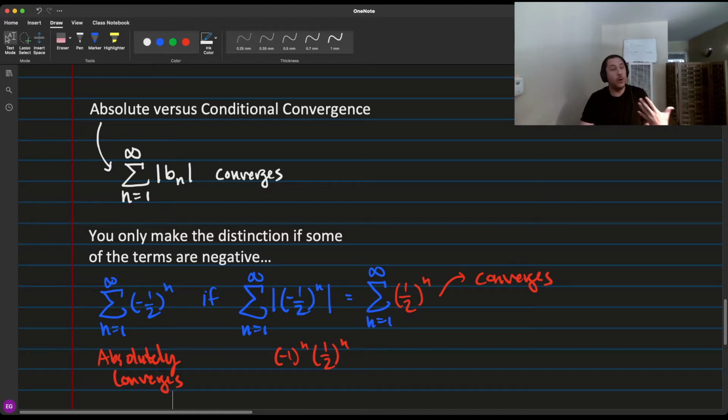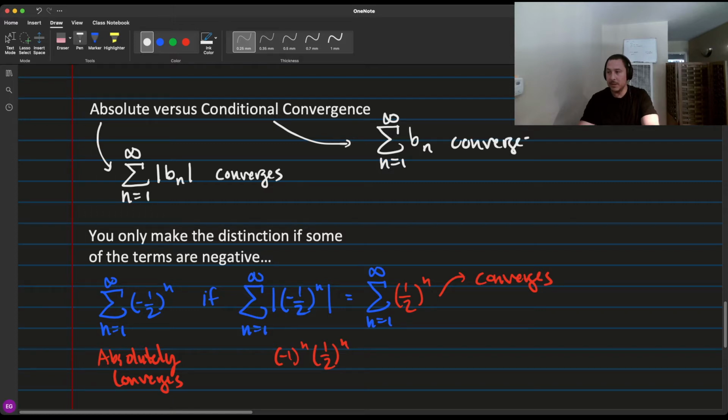So you only talk about absolute convergence because some of the terms were negative. We then got rid of all the negative terms and it still converged. That's absolute convergence. Conditional convergence, on the other hand, is when the original series converges, but when you take the absolute value of the terms, it diverges.